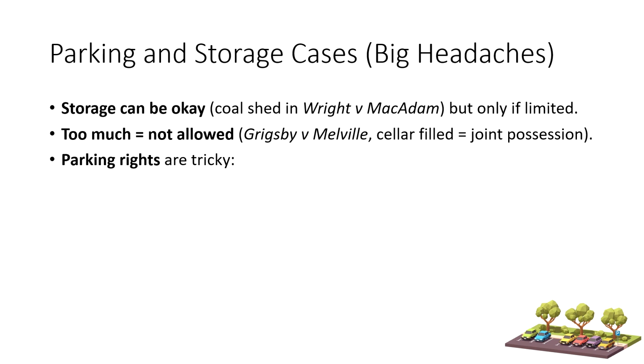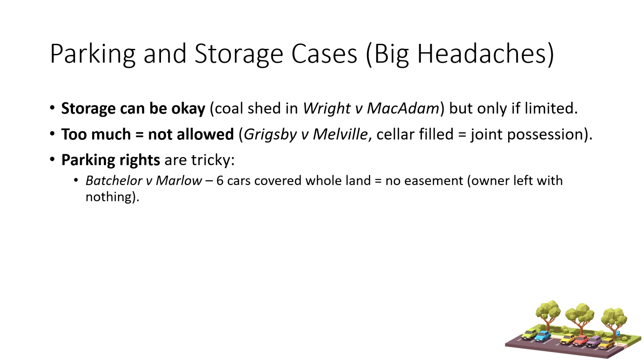Another tricky thing are parking rights. So in Bachelor versus Marlowe, the servient owner had a really small patch of land, just a little green strip really, and it only had space for 6 cars.